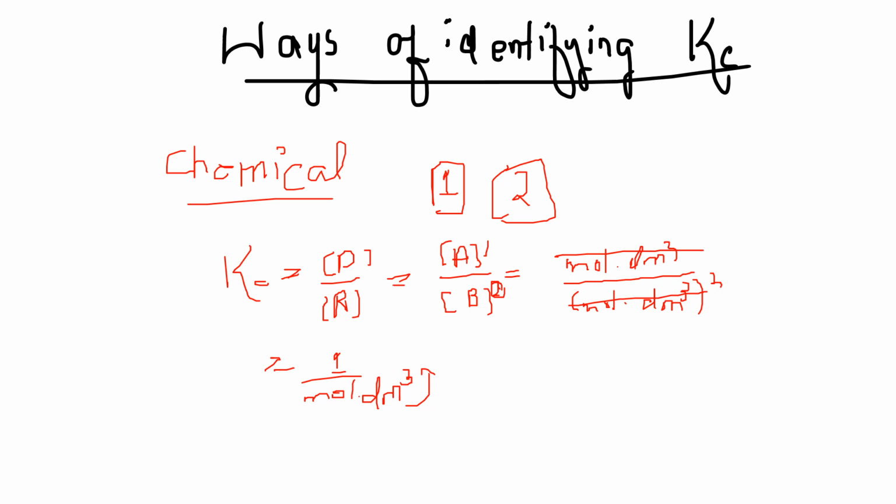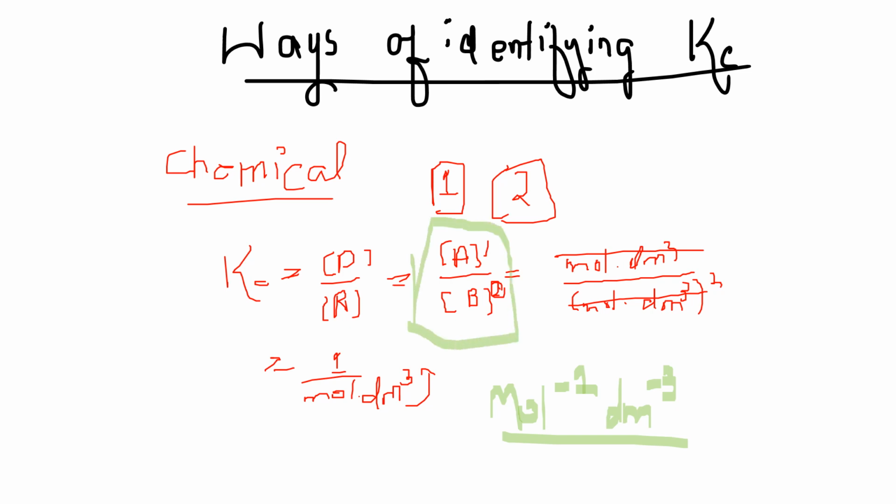As a result, it would be mole inverse dm cube inverse as well, and this is our answer. If there is a condition in which you have to just tell the unit of Kc, you simply end up writing this, whether you are asked for its formula. So you can write its unit like this if it is in the question.